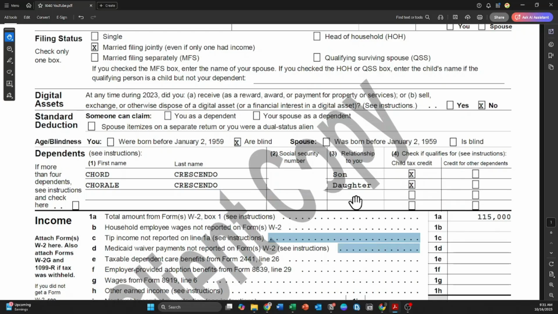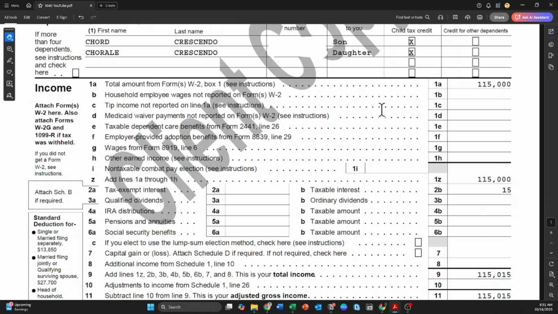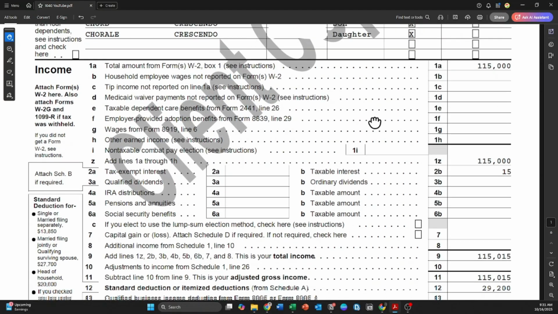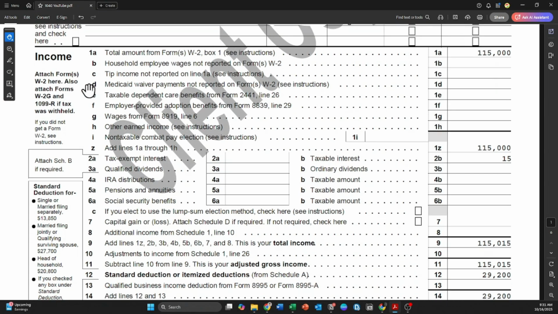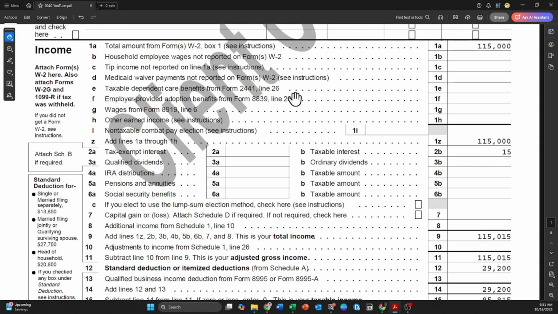As we go down a little bit further, we're going to come into the very first section of the tax return, which is the income section. So always keep this in mind when you're looking at a tax return. On the very first page, you're always going to see the income section, and all the income for the year will be right in this section.